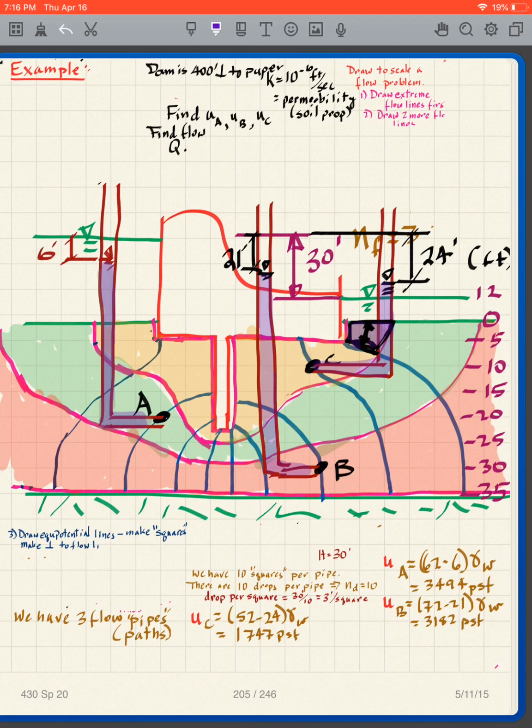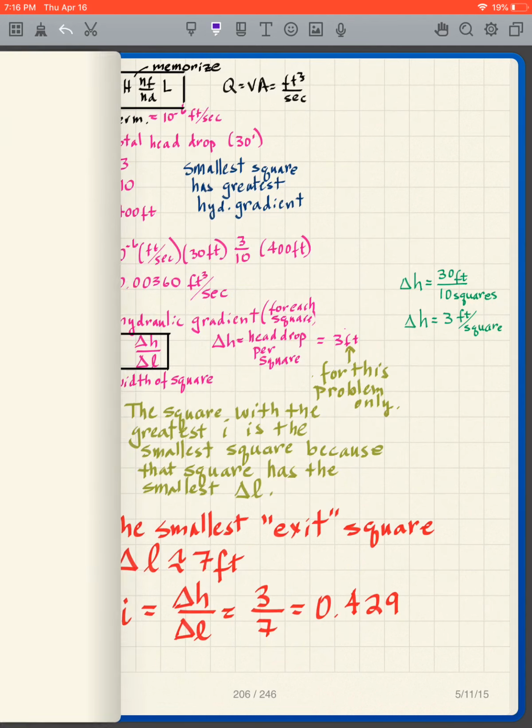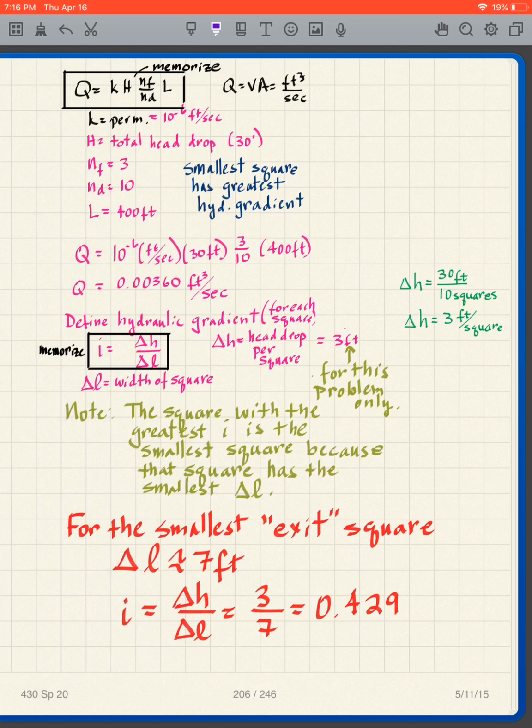They're all squares, but of different sizes. Now the head drop per square is the same. In this particular case, we calculated that the head drop per square was 3 feet, but that's for this problem only. We define the hydraulic gradient as delta H over delta L, where delta L is the width of the square. Since each square has a different width, each square has a different hydraulic gradient.